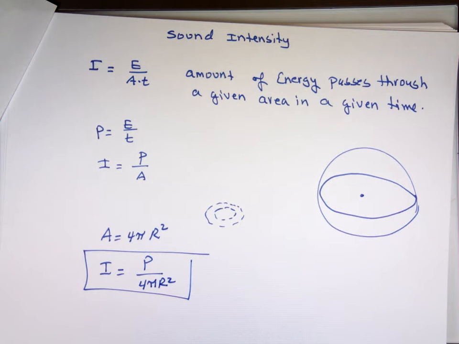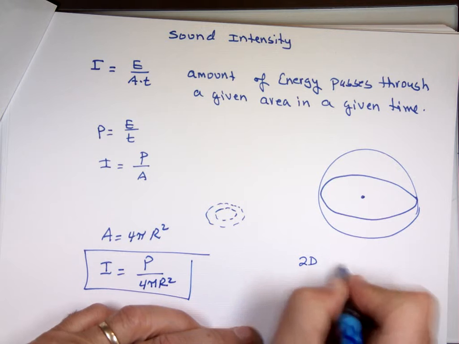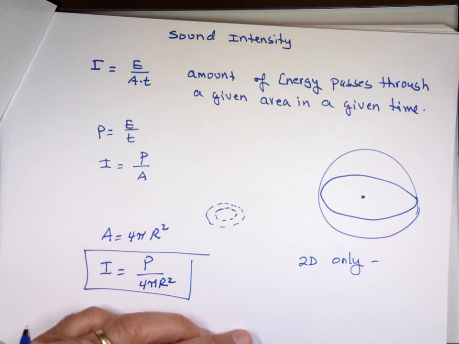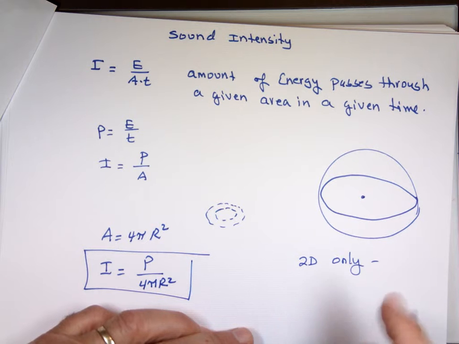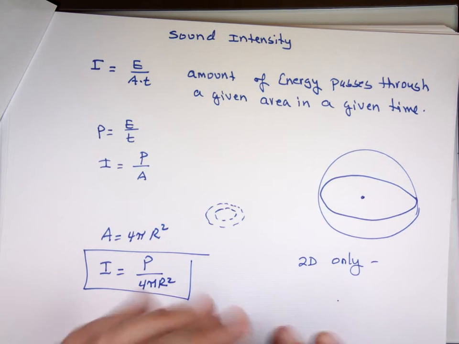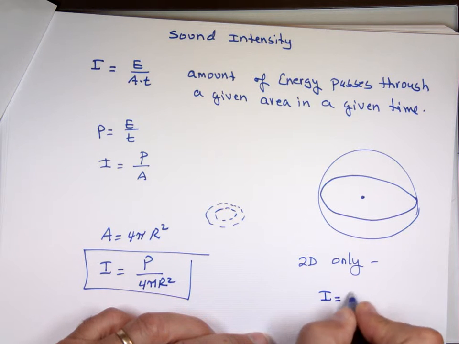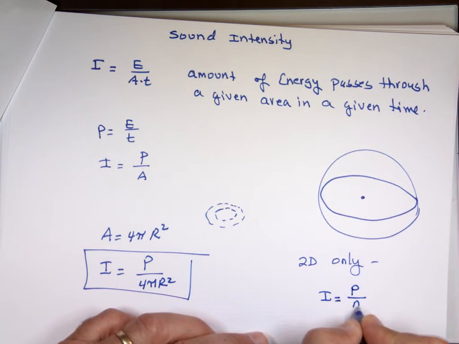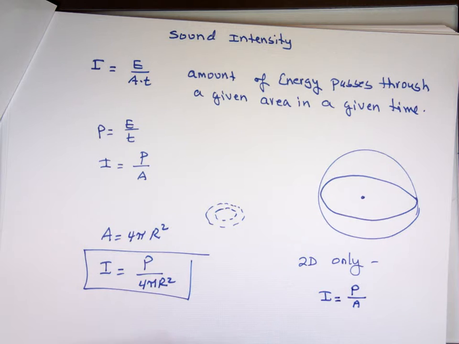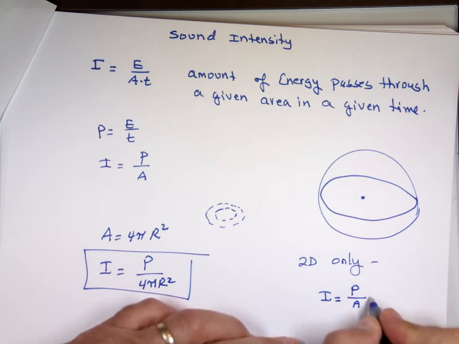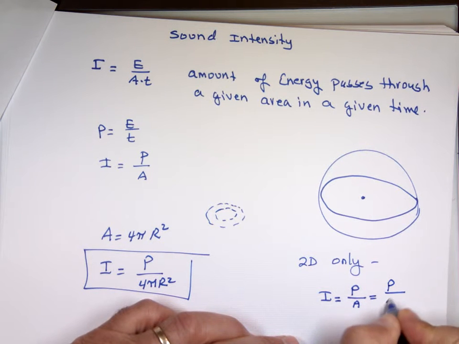If we're dealing with 2D only, like again, you have a liquid, you drop a straw in it, you see the wave travel, the intensity of that wave will be power over area. The drop that you put in the water is going to have an area of pi r squared.